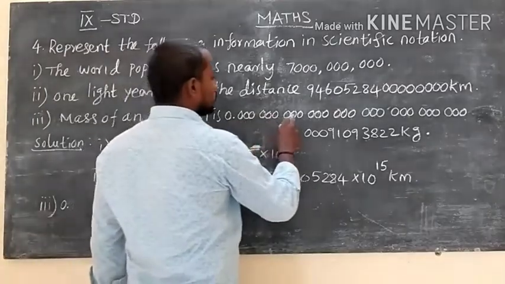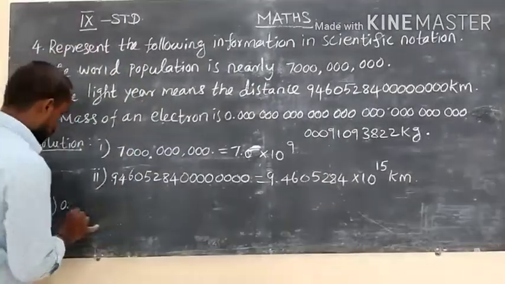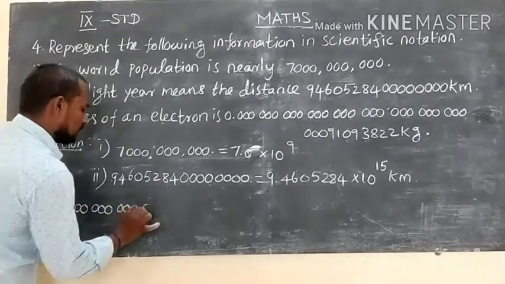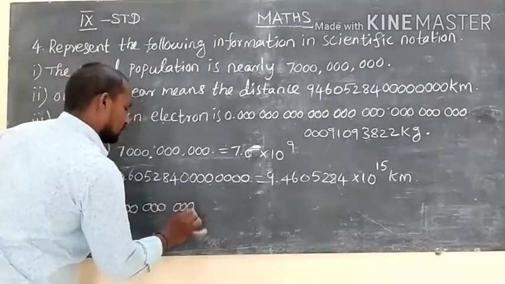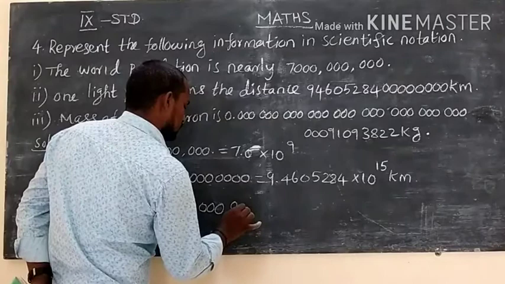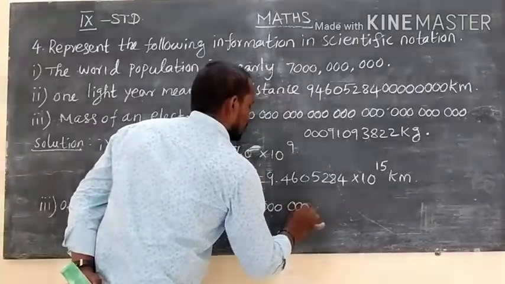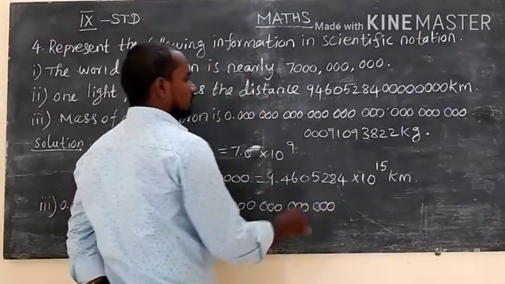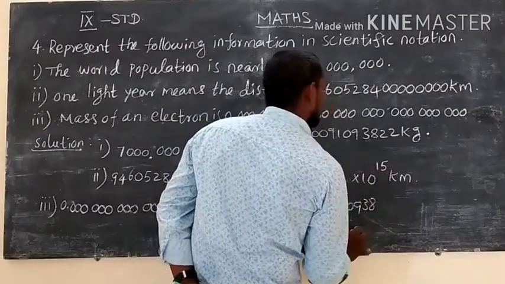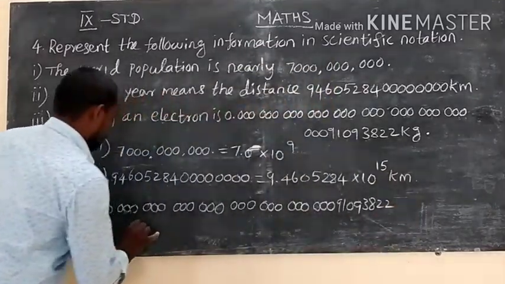This is 1, 2, 3, 4, 5, 6, 7, 8, 9, 10, then 10 zeros, 1, 2, 3, 4, 5, 6, 7, 8, 9, 10, 11, 12, 13, 14, 15, 16, 17, 18, 19, 20, 21, then 9 1 0 9 3 8 2 2, which is equal to this number.